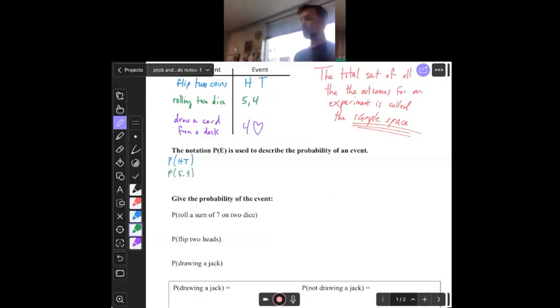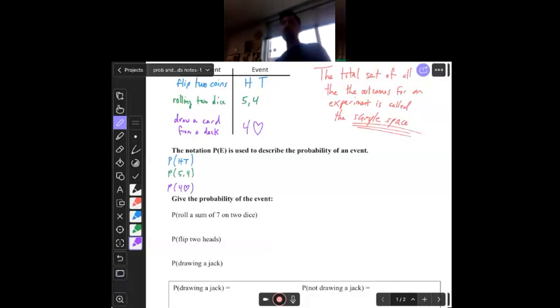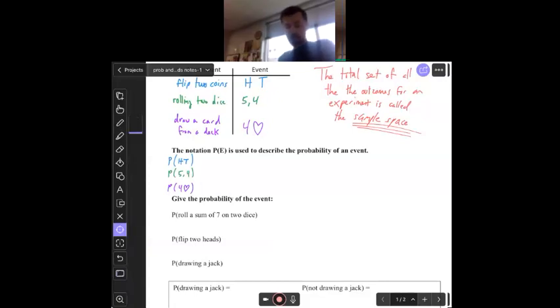What's the probability of pulling out the 4 of hearts? So it's just a shorthand way of saying probability, just P instead of probability, and then our desired event. So you're going to see that here, like, what's the probability of rolling a sum of 7? What's the probability of flipping 2 heads? That's just the notation we're using to shorten down the writing.